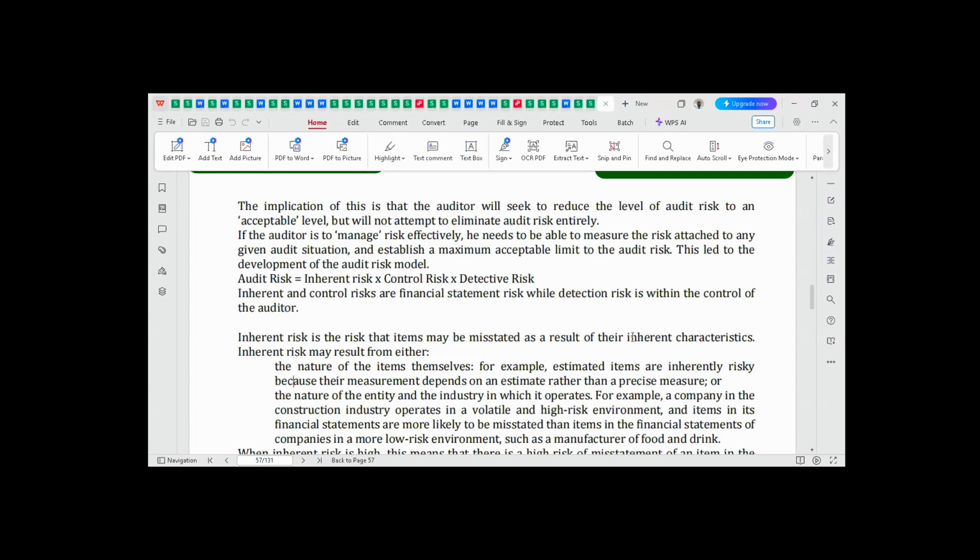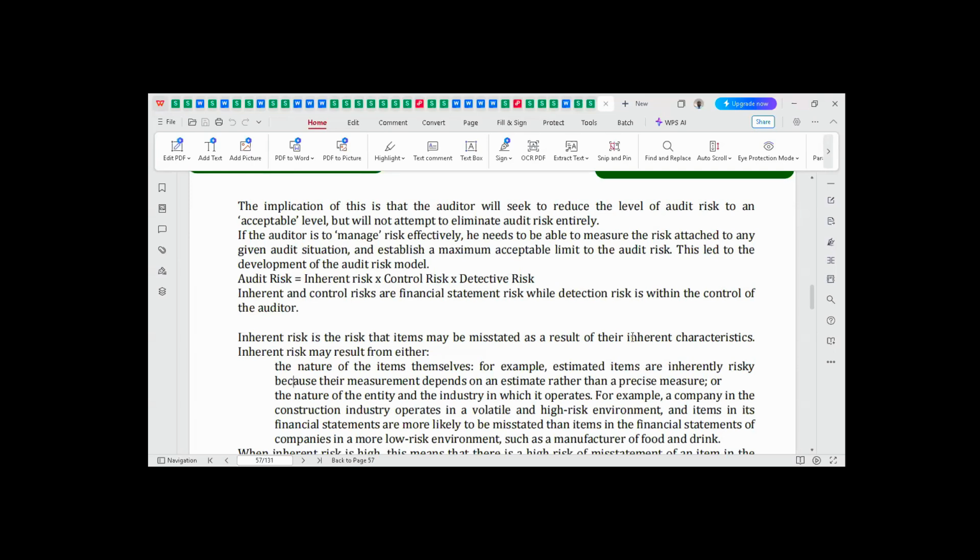IAS 36 talks about what? Impairment of assets. What does this say? It says that at least once a year, every organization must test their assets against impairment. What does that mean? That means you have to check the carrying value, that is the value you have for that asset in your books, in your financial statements, whether the value has increased or reduced.